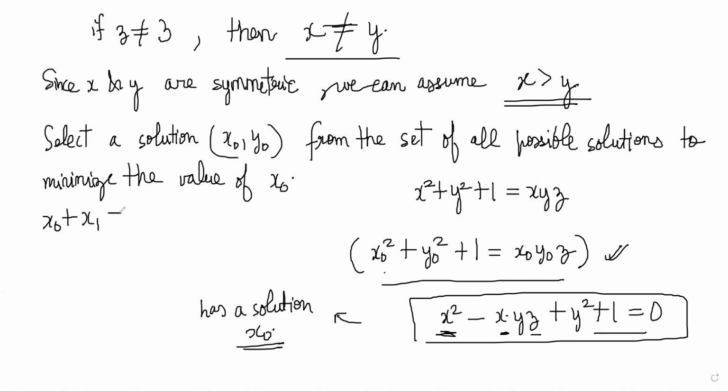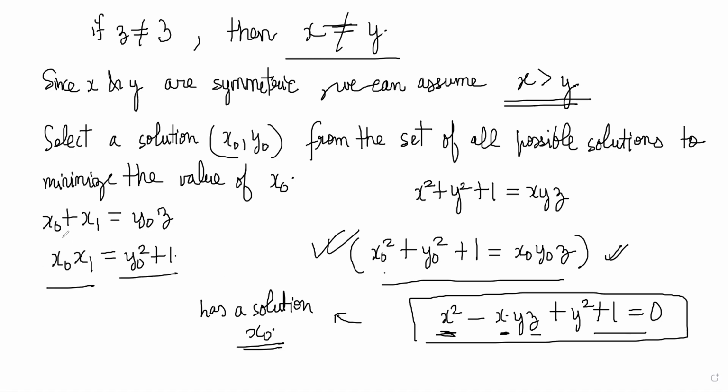So x0 + x1 should be equal to y0 z, by Vieta's relation. And the other Vieta's relation is x0 x1 = y0² + 1.